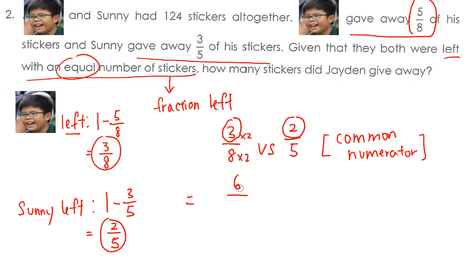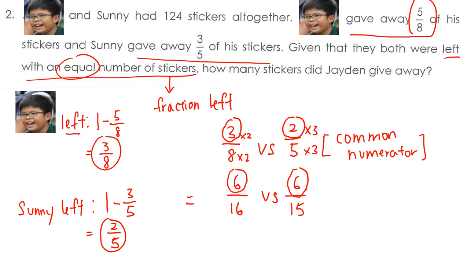So 3/8 becomes 6 over 16. And for 2/5, I want to make the numerator 6, so I have to multiply by 3. I get 6 over 15. Now it makes sense: 6 units for Jaden is equal to 6 units for Sunny. Now they have an equal number of units of stickers left.